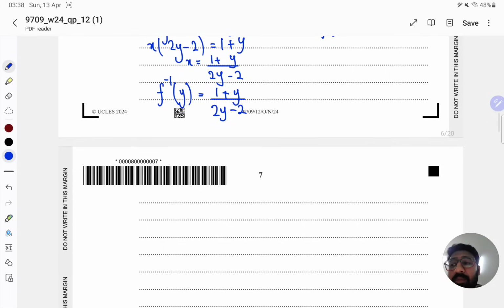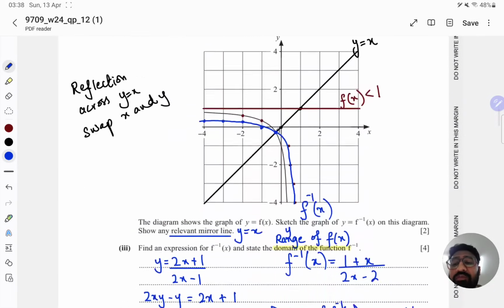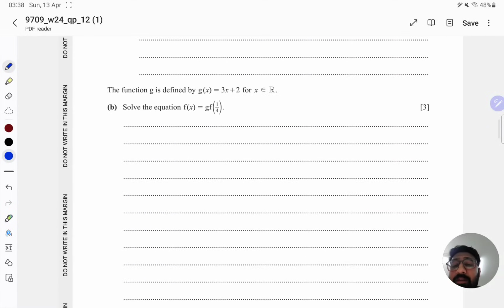This was question number 5, part B. The function g is defined by g of x is this. Solve the equation g f of 1 by 4. So first of all, let's solve for g f of 1 by 4. For that we have to put 1 by 4 in the f function first.